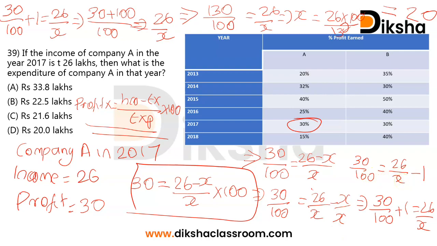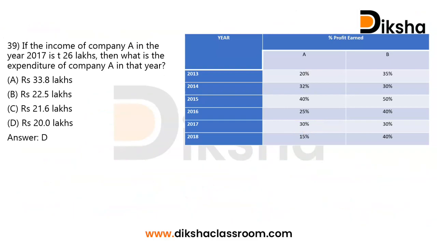The 1 becomes positive and comes to the other side: 30 by 100 plus 1 equals 26 by x. Taking LCM, 30 plus 100 by 100 equals 26 by x, from which x equals 26 into 100 by 130. You get the answer as 20. So for this question, 20 lakhs is the correct option.